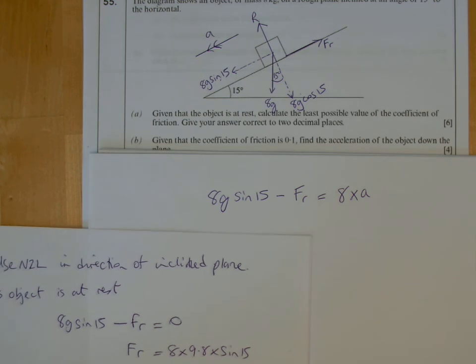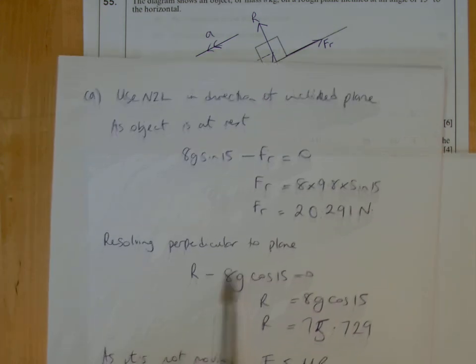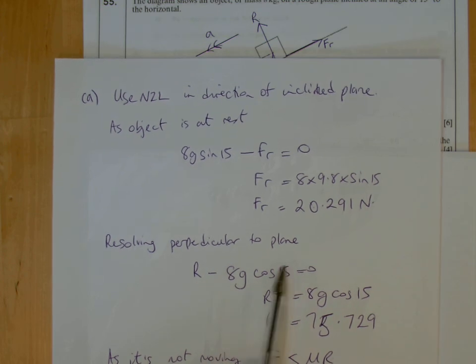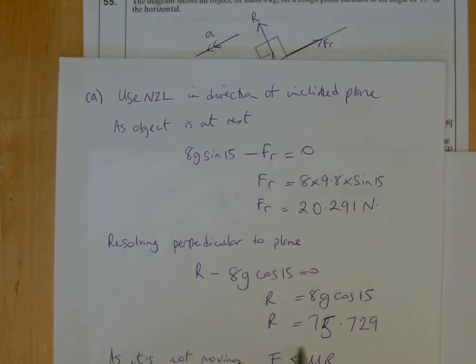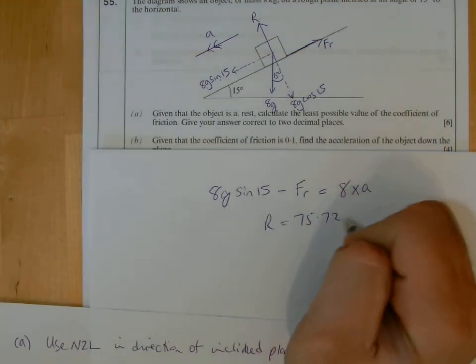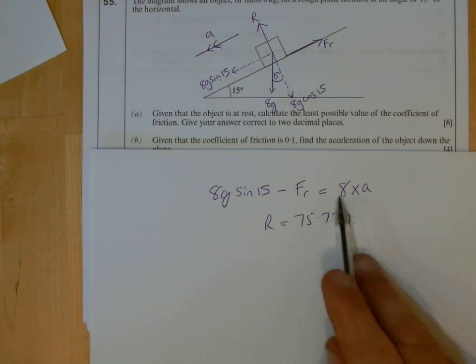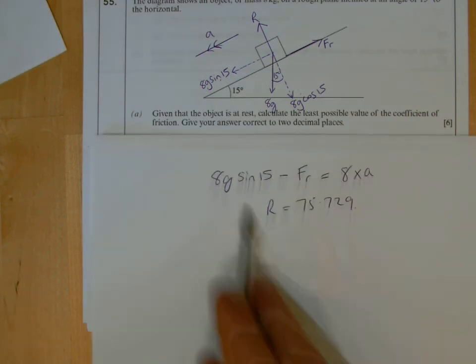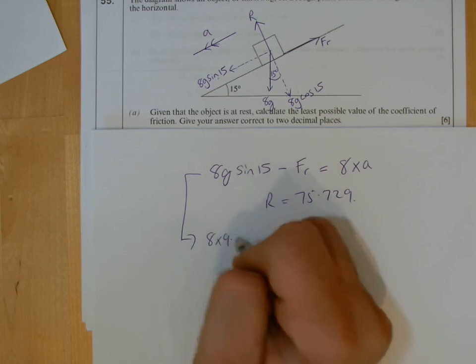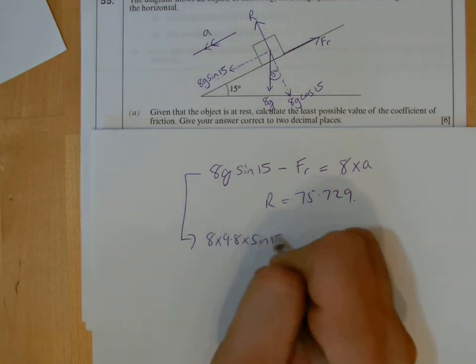We also need to resolve perpendicular to the plane, which we did before. That would still stand, because it's still not moving perpendicular to the plane. So R is equal to 75.729. Going back to this one, 8g is 8 times 9.8 times sine 15.